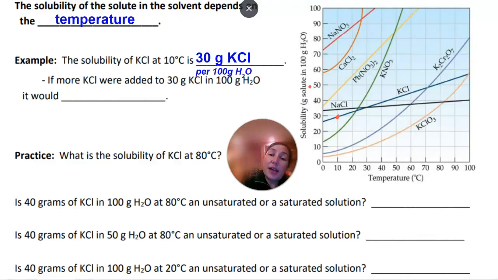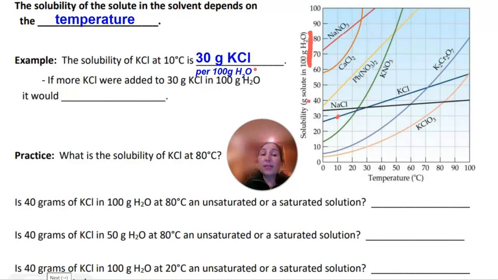Now we should tell everyone what we've dissolved it in. It's 30 grams of KCl per 100 grams of water. That's pretty important too, that we tell the reader what we're dissolving this in: 100 grams of water.